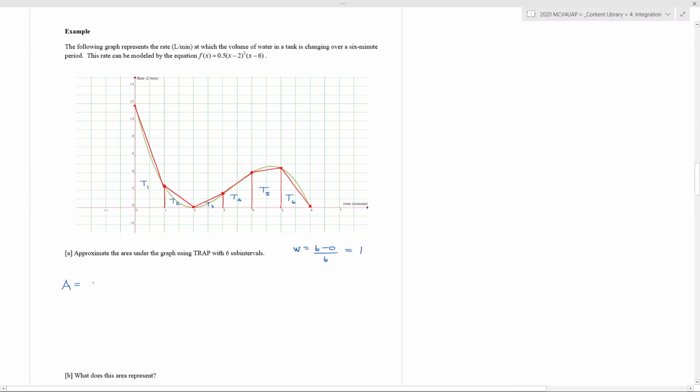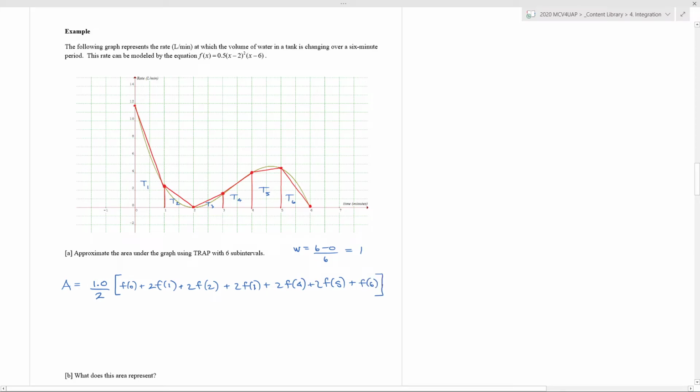So this is going to be our width, 1.0 divided by 2, times F at 0 plus 2 times F at 1 plus 2 times F at 2 plus 2 times F at 3 plus 2 times F at 4 plus 2 times F at 5, and then finally for the last one it'll just be F at 6.